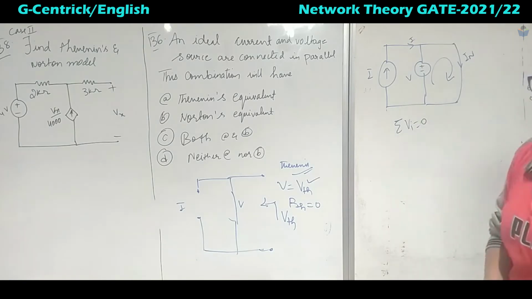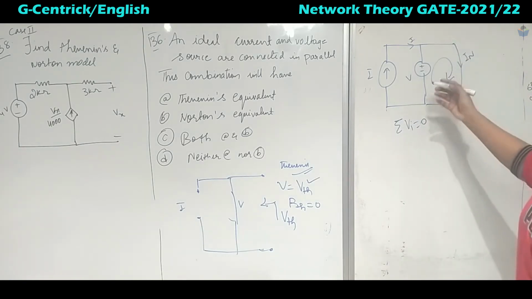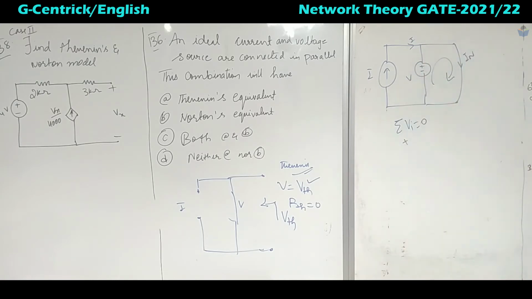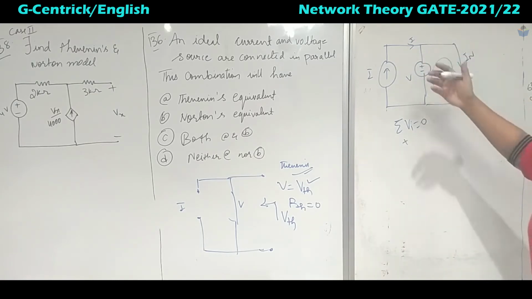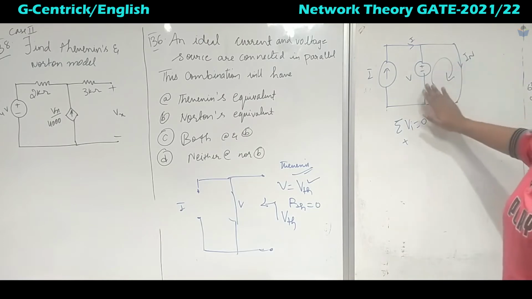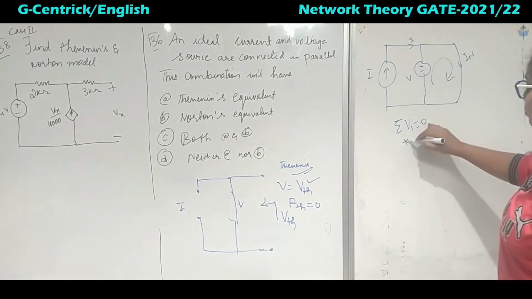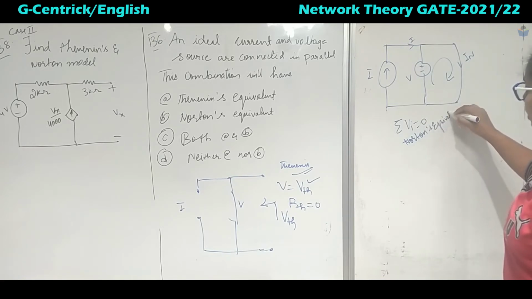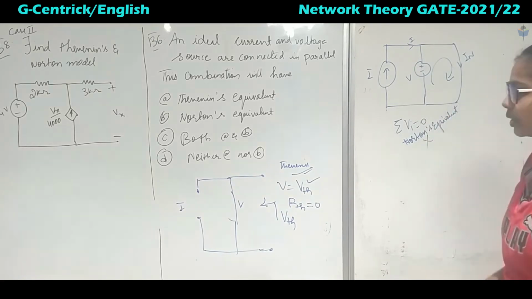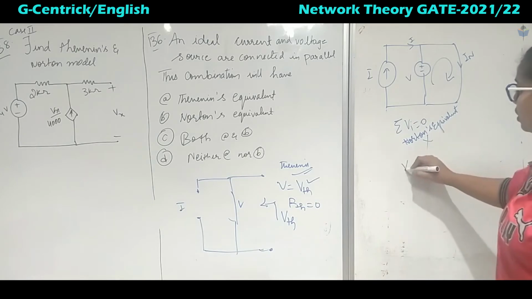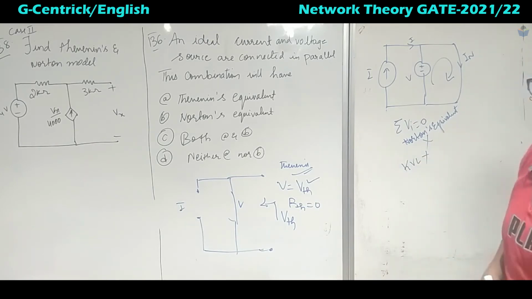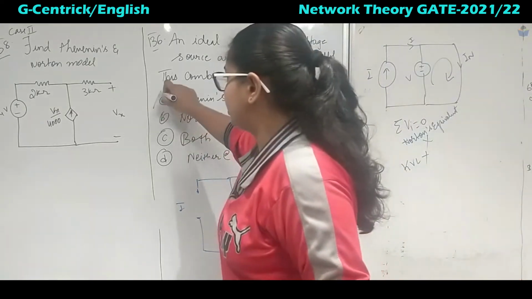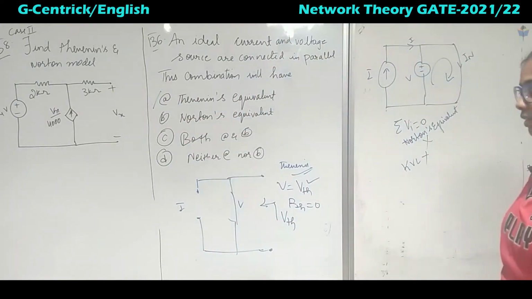The sum of V should be equal to 0. But in this case it is not equal to 0. You have got some amount of current as well as some amount of voltage. So in this case Norton's equivalent cannot be applied, because KVL fails. Hence the combination will have Thevenin's equivalent.